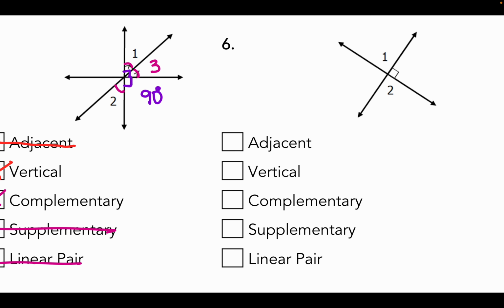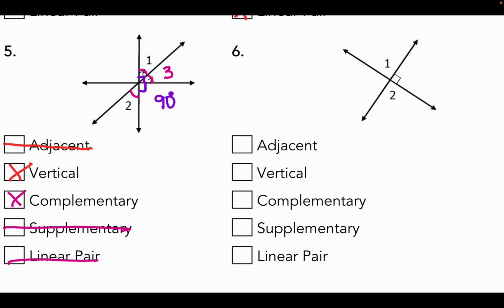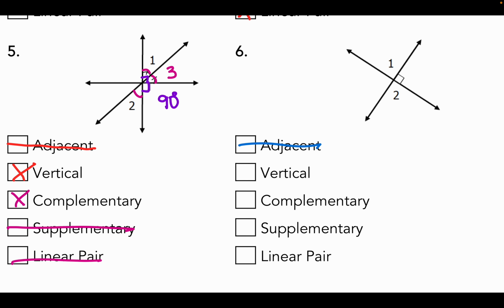Okay, number 6. So with number 6, we know that they are not adjacent because they don't have a common side, but what they are is vertical because we have those two intersecting lines and these angles that are across from each other. So we have vertical angles.